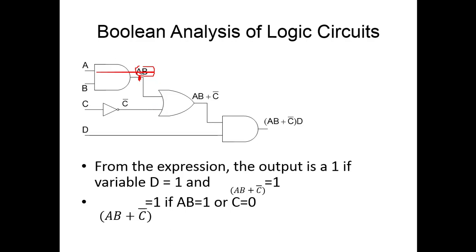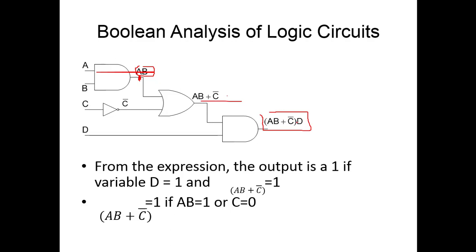Then this is connected to an AND gate whose another input is connected to D. So the final Boolean expression that you obtain is (a and b plus c complement) whole multiplied by D. Now here you have a product of two terms. You have an AND operation.